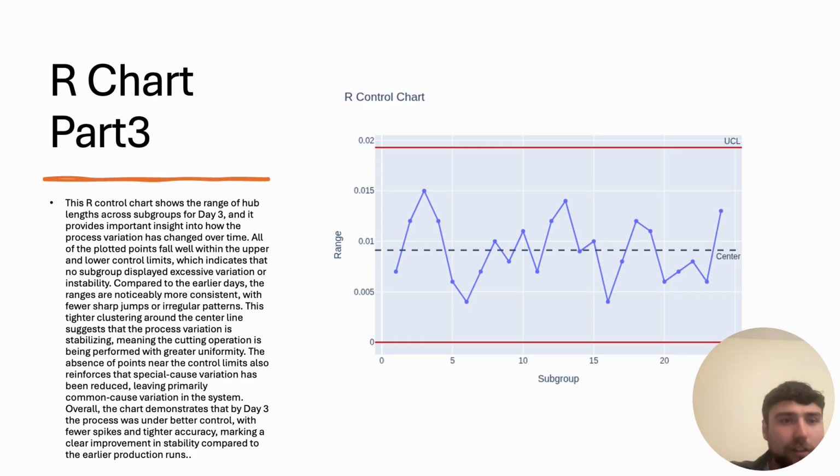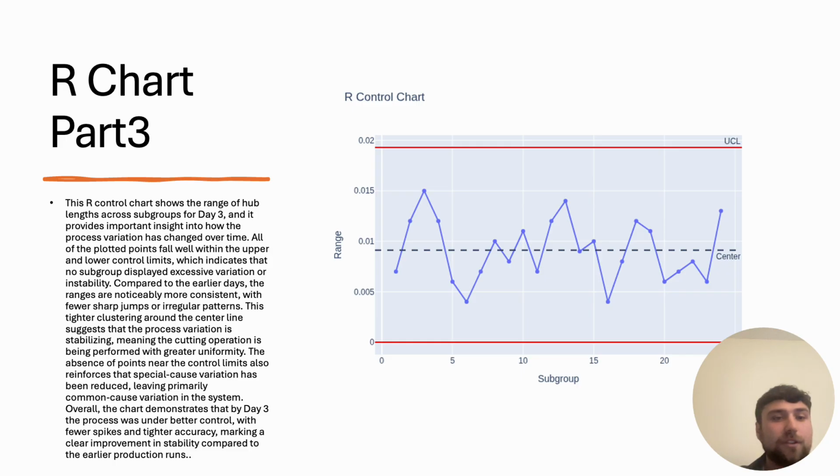This tighter clustering around the center line suggests that the process variation is stabilizing, meaning the cutting operation is being performed with greater uniformity. The absence of points near the control limits also reinforces that special cause variation has been reduced, leaving primarily common cause variation in the system overall.